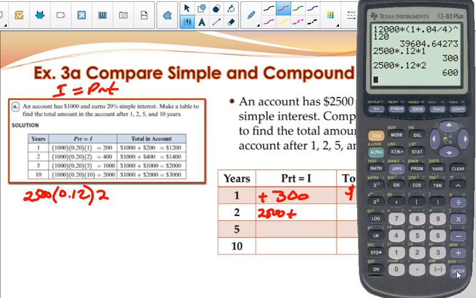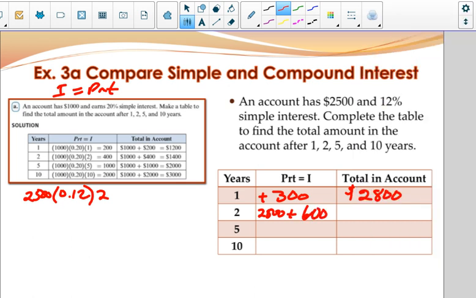That's going to be 600. So that gives me 600 plus 2,500, which gives you $3,100. You'll notice that each year is adding $300 to it.